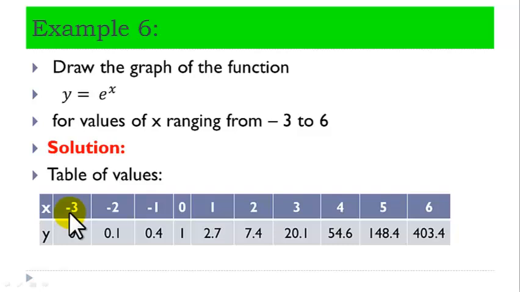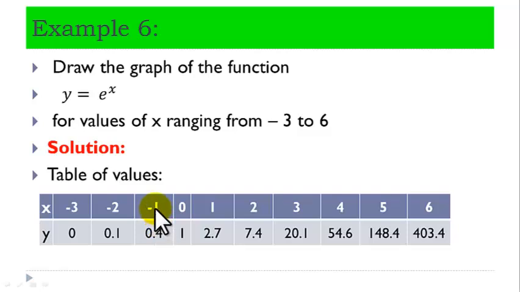When x is -3, y will be equal to exponent -3. Exponent -3 to one place of decimal is approximately 0. When x is -2, y is equal to exponent -2, and that is approximately equal to 0.1.